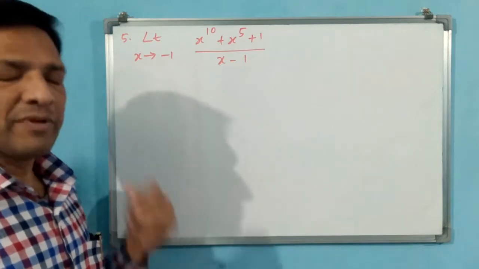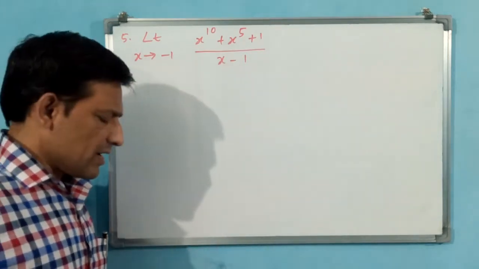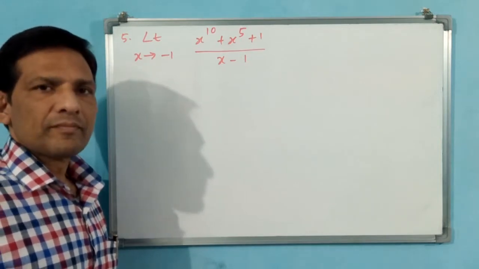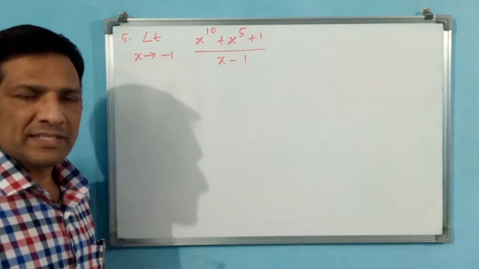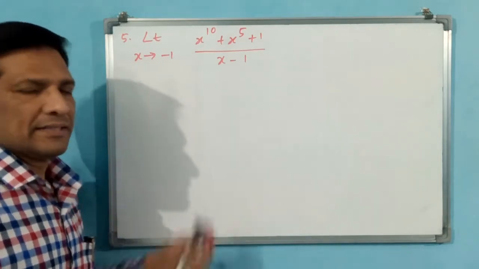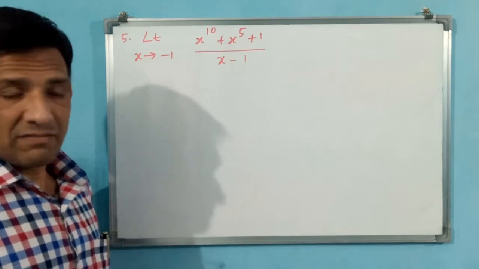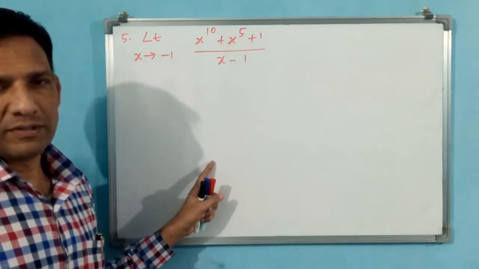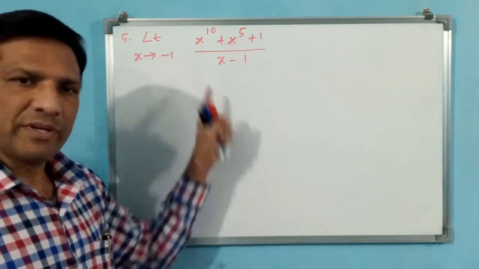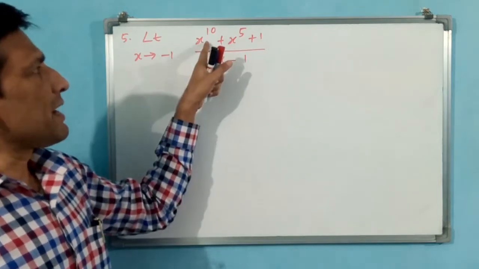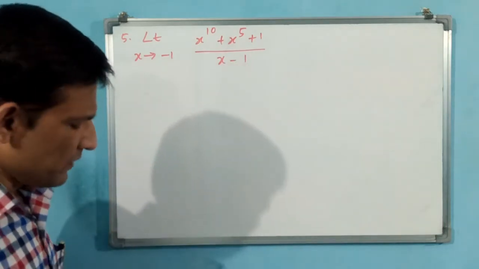If 1 is not there, then we will calculate it. But here 1 is there, minus 1. Minus 1 power 10, how much will it come? Plus 1. Why? Because minus 1 square is plus 1. Minus 1 power 4 is plus 1, into minus 1, so minus 1 power 5 means minus 1 will come. This minus 1, plus 1, minus 1 are going to get cancelled. Keep that in your mind.